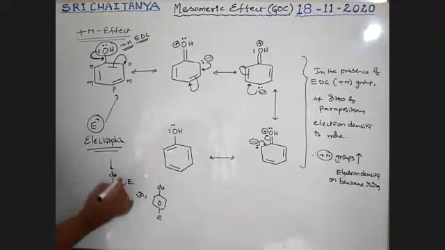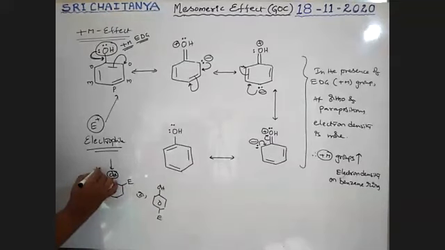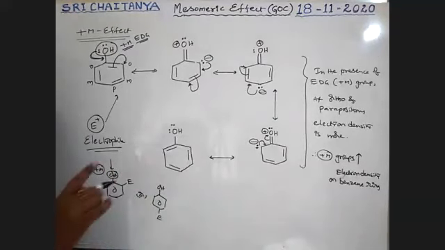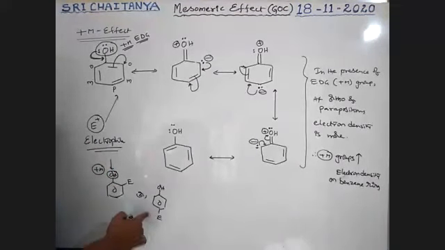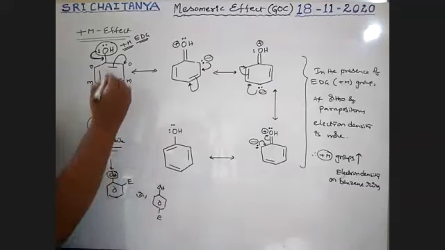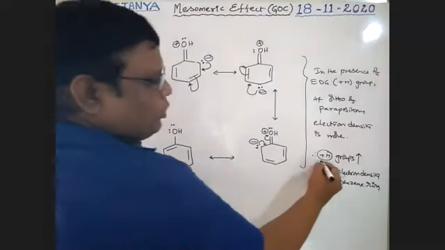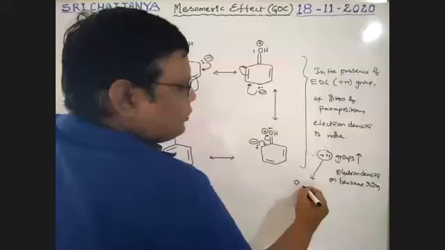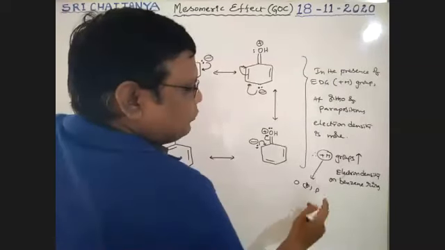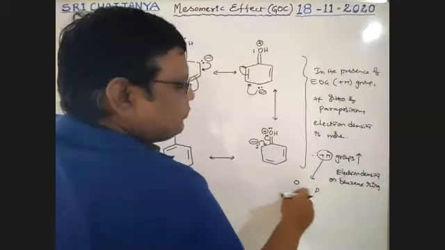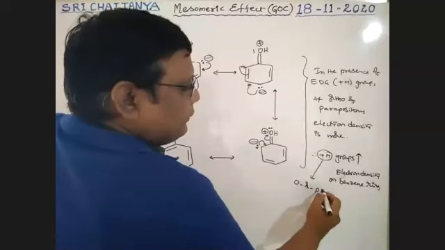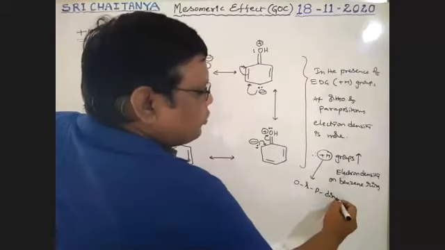That is why this plus M group directs the further attacking electrophile either towards ortho or para. That is why these plus M groups are considered ortho and para directing groups.